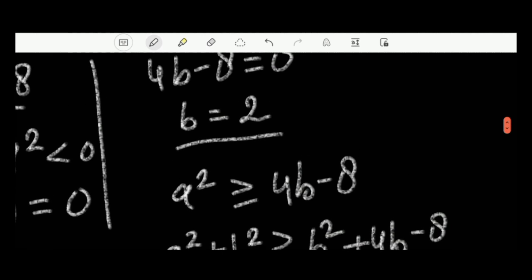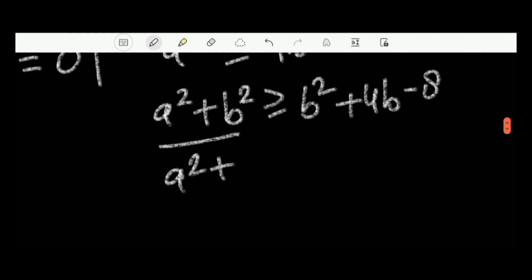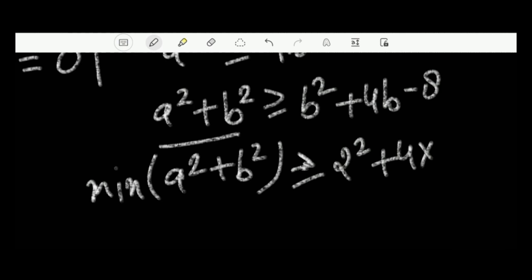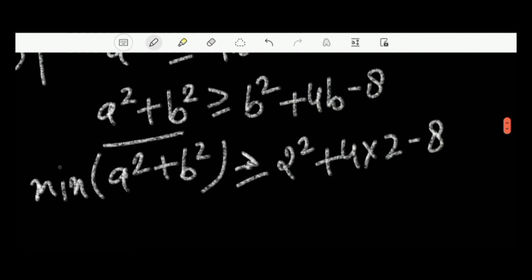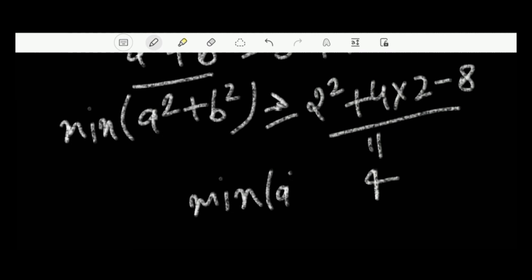And since we know that b is 2, we can simply say the minimum value of a square plus b square is 2 raised to the power 2 plus 4 multiplied by 2 minus 8. After solving this, we can simply say this is equal to 4. So the minimum value of a square plus b square is 4.